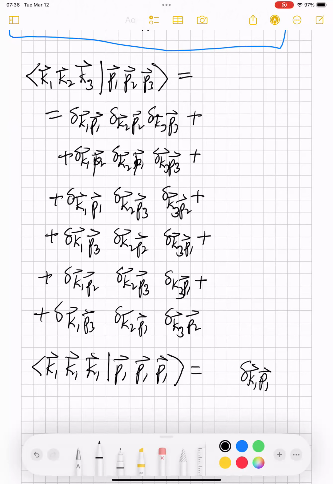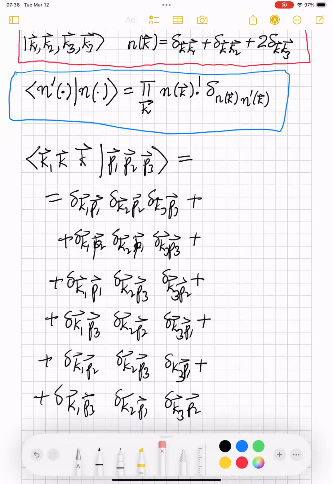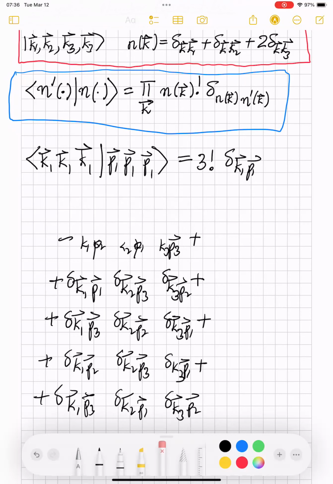So each term will just become delta of k1, p1. And there are 1, 2, 3, 4, 5, 6 terms, which, if you remember, is 3 factorial terms. So let's summarize this answer, because this answer I will want, and you've seen how I have derived it. This is 3 factorial delta k1, p1.